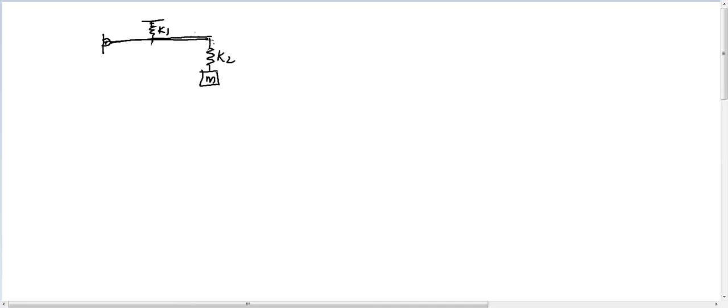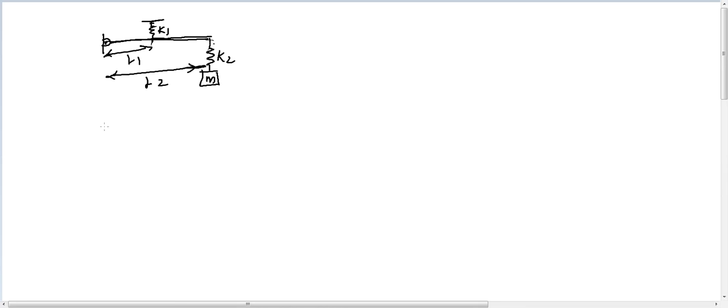But we are supporting this bar using this spring of stiffness K1, which is fixed at a distance of L1, and the total length of the bar is L2. Now we want to find out the natural frequency of this system, that is, if you just disturb this mass, with what frequency it is going to vibrate.